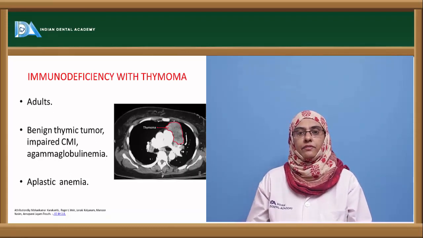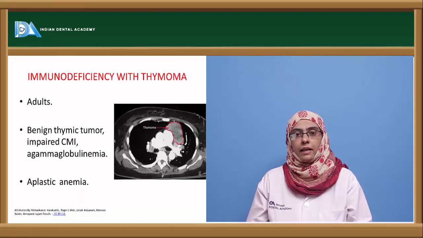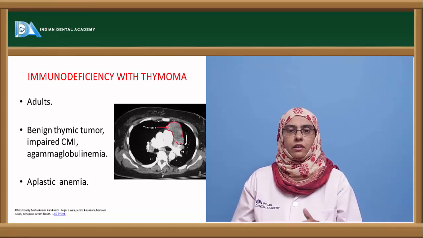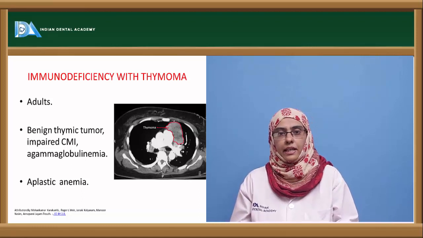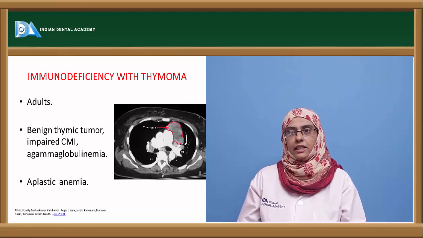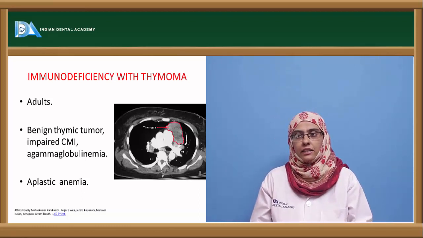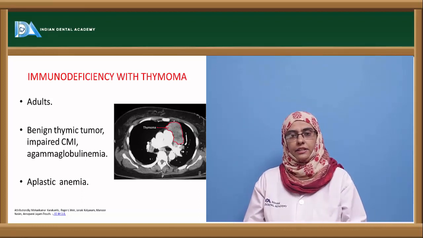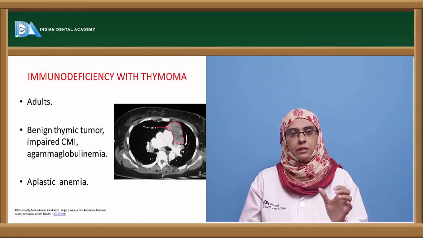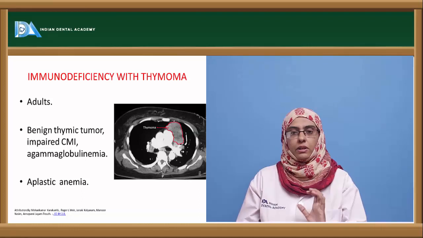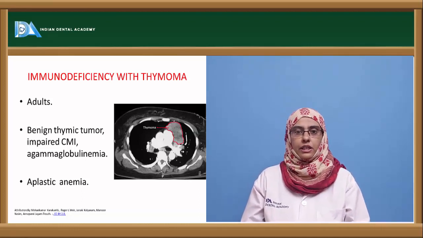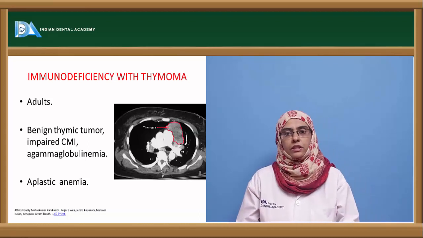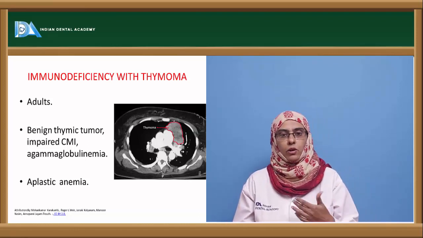Next is the immunodeficiency with thymoma. Thymoma is nothing but the cancer of the thymus. That is not a malignant cancer, but a benign cancer that can be seen in this kind of patient. It is mostly seen in adults, and the characteristic feature of this thymoma is that it is a benign thymic tumor which results in impaired cell mediated immunity, and the humoral response that is associated with this is agammaglobulinemia.